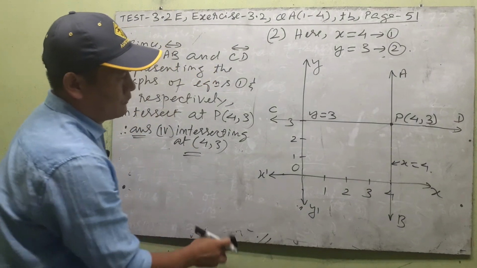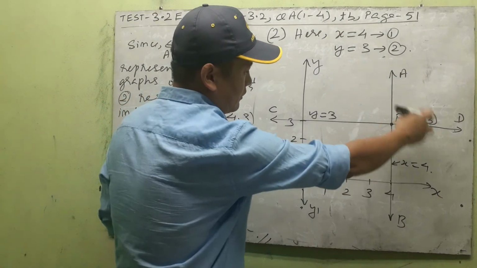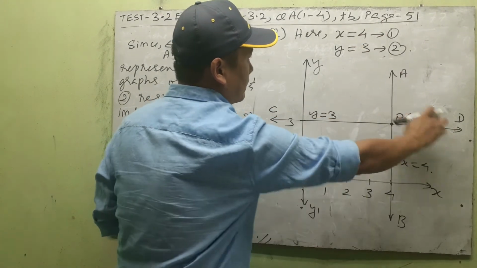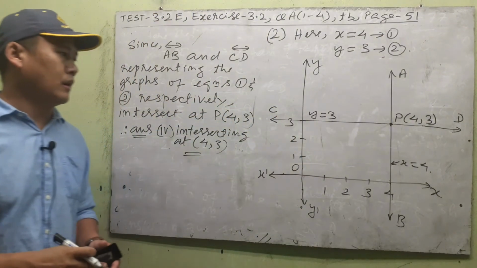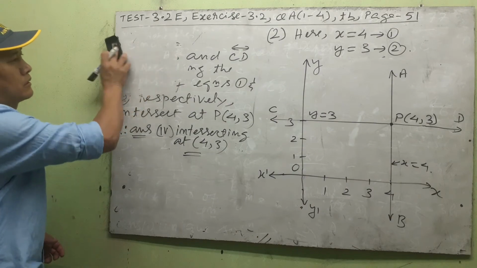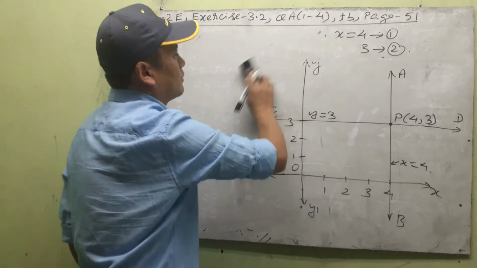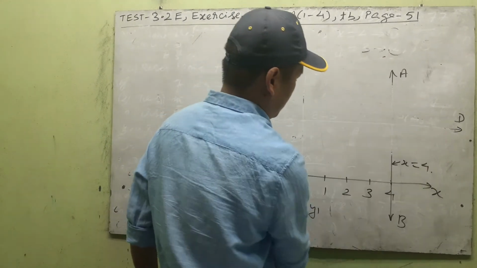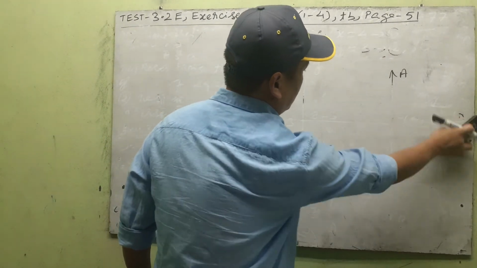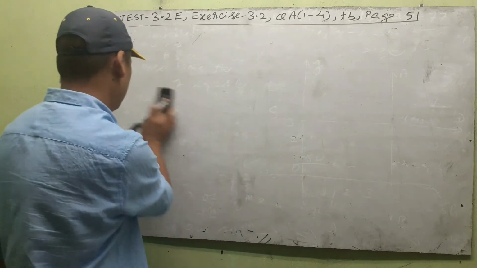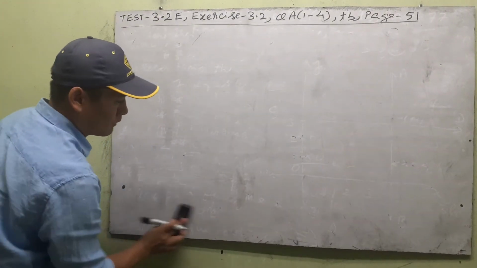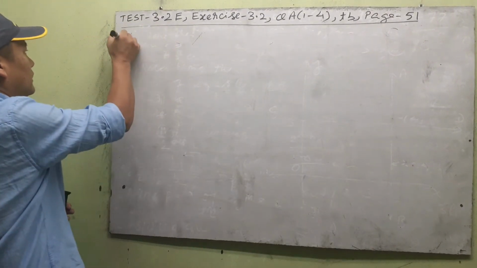So this is the graph of x equal to 4, equation 1, and this is the graph of y equal to 3, equation 2. So next, 3, A3.